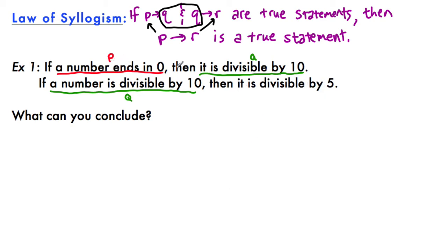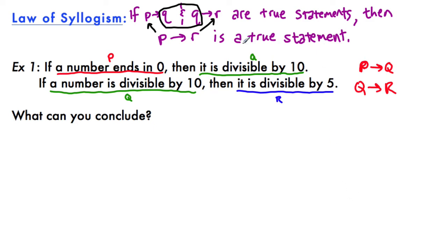That's new. We haven't said that here or here, so let's give that a different letter to represent it. Let's call that R. So we've got P implies Q, and we've got Q implies R.